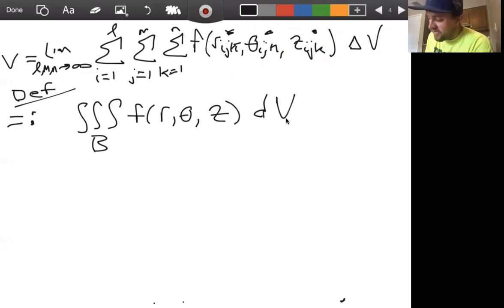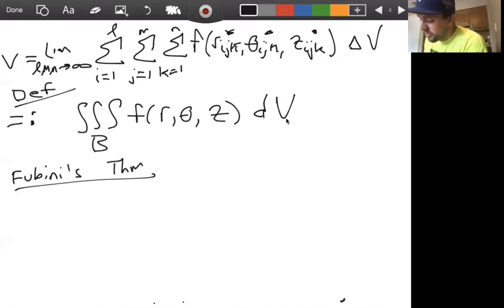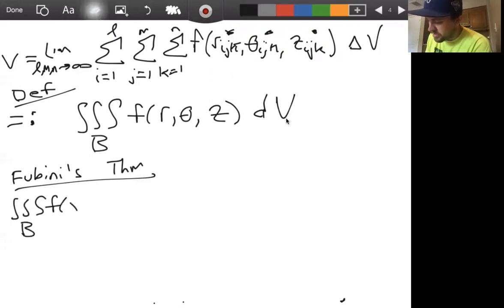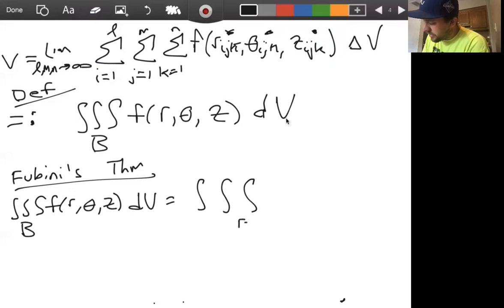Okay, and now we have Fubini's theorem once again for this triple integral, which is that the triple integral over this cylindrical box B of f of r, theta, z dV is the iterated integral where r goes from a to b, theta goes from alpha to beta, and z goes from c to d of f of r, theta, z.